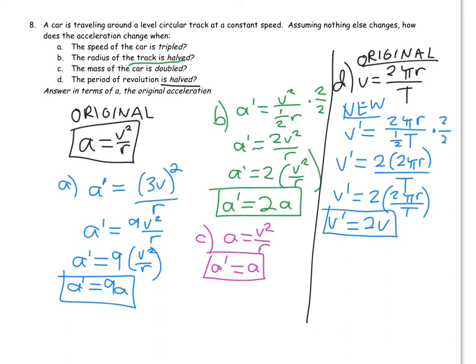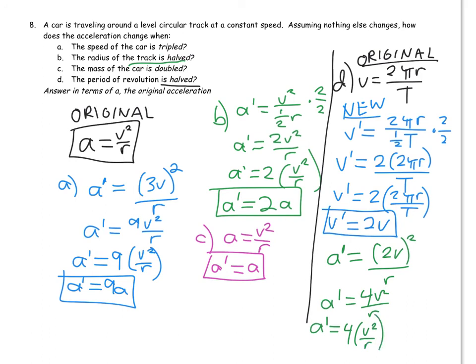And now that I have that set up, I can think about my acceleration. So I can say a prime, my new acceleration, is v squared, which is now 2 times my original velocity, squared over r. So a prime is 4v squared over r. Pulling out that 4 once again, I have a prime is 4 times v squared over r, which was my original acceleration.